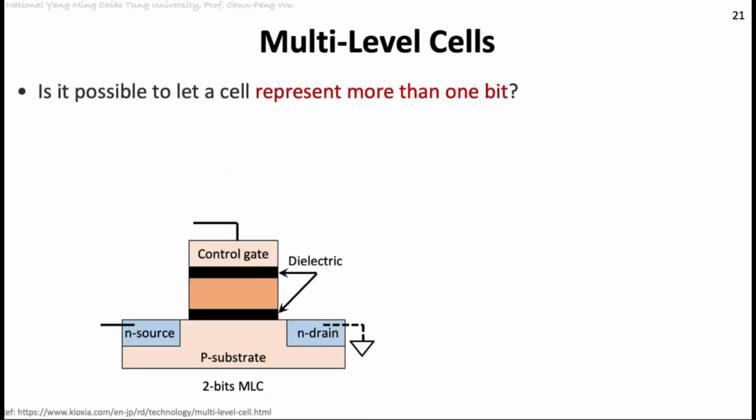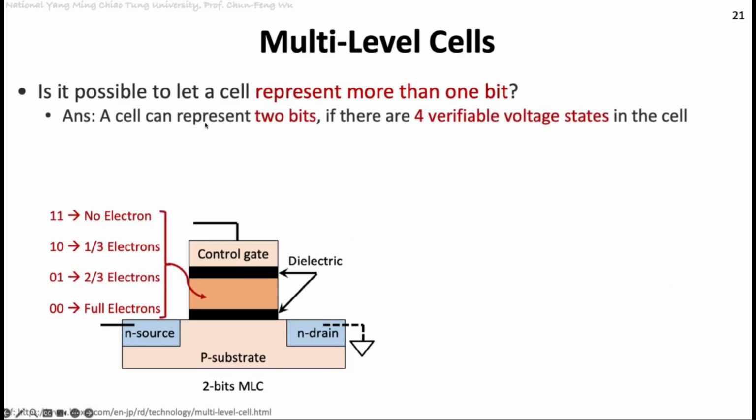So that is for write. And let's talk about some interesting things, because when you go to the market to buy an SSD, usually you will hear a lot of terminology like MLC, TLC, QLC. So the concept is like this. Is it possible to let a cell represent more than 1 bit?